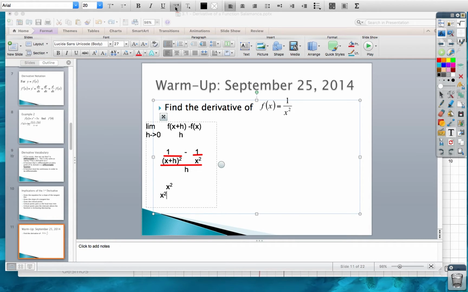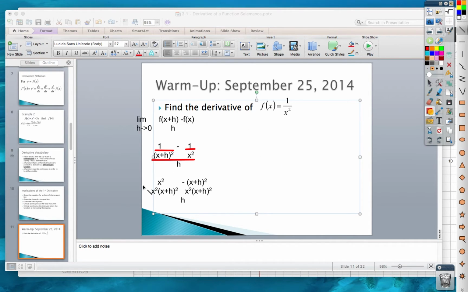So that's going to give us x squared times quantity x plus h squared, minus, you'll notice that the denominator here is lacking the quantity x plus h squared. So that's what we're going to multiply by here. All divided by x squared times quantity x plus h squared, like so. All divided by h. This is what your equation should look like.